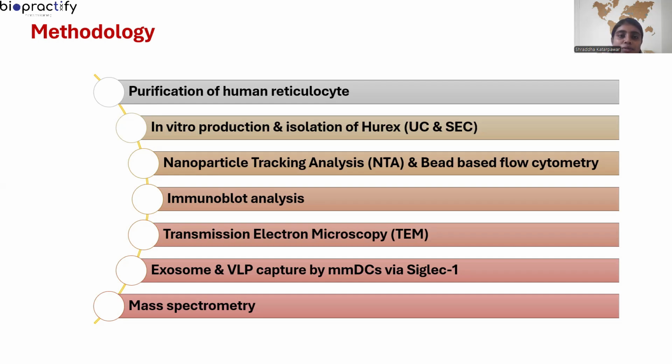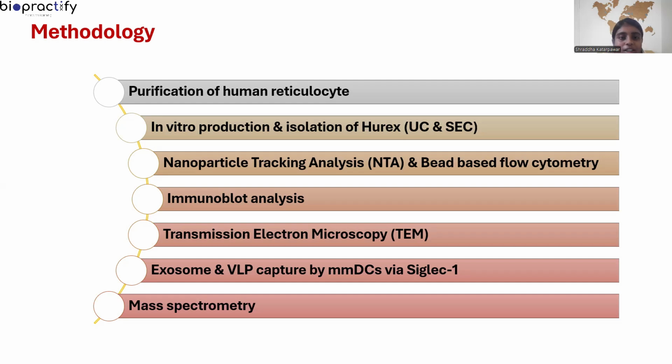An interface layer will form, and in the interface layer our sample of interest, the reticulocytes, will get deposited in the middle of the layer. So we carefully extract it out.